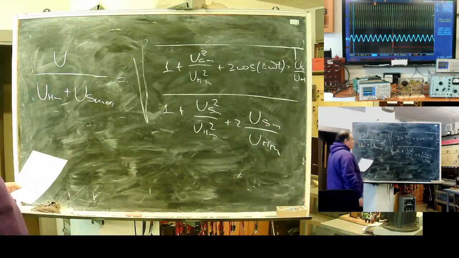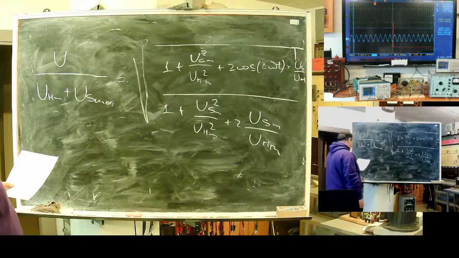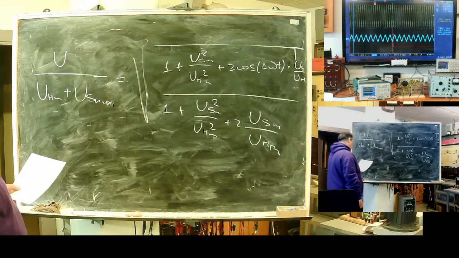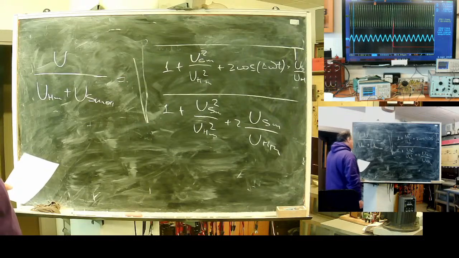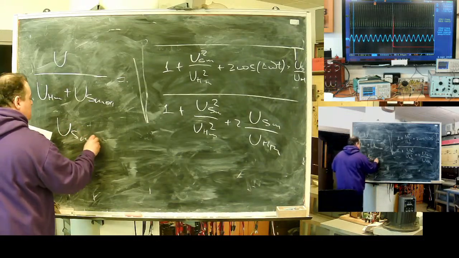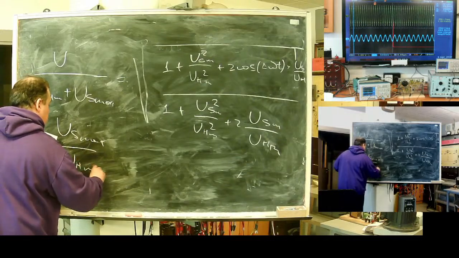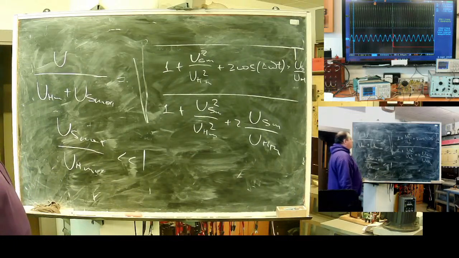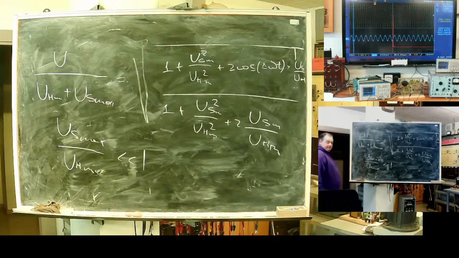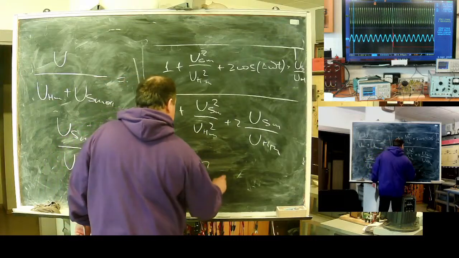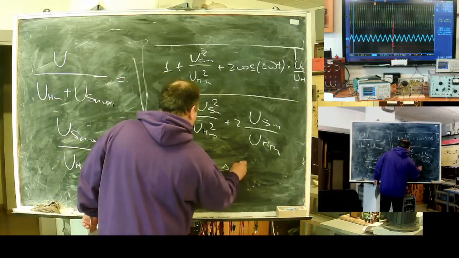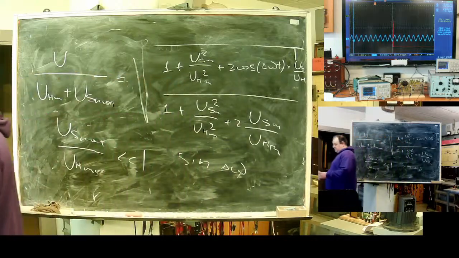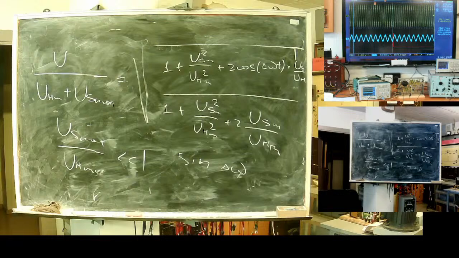Here we can see one tricky thing. If U signal max divided by max of U heterodyne is much smaller than 1, the result will be very similar to sine of delta omega. But if they are close, we will get something more complex.